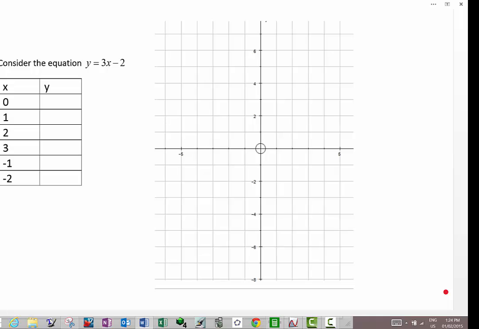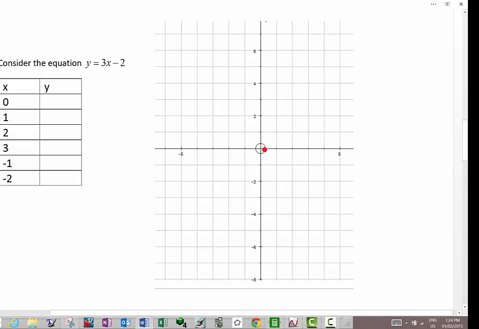Let's see how we can actually find out the points which do lie on a particular straight line given their equation. Here we've got the equation y equals 3x minus 2. In other words, the y coordinate of any point lying on this line is 3 times its x coordinate, subtract 2. Well, we do it by creating a table of values and finding out the associated y values. So we'll start off with x equals 0, which is of course points on the y-axis.